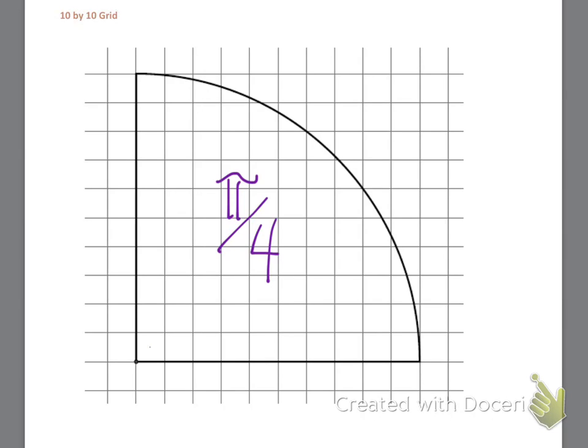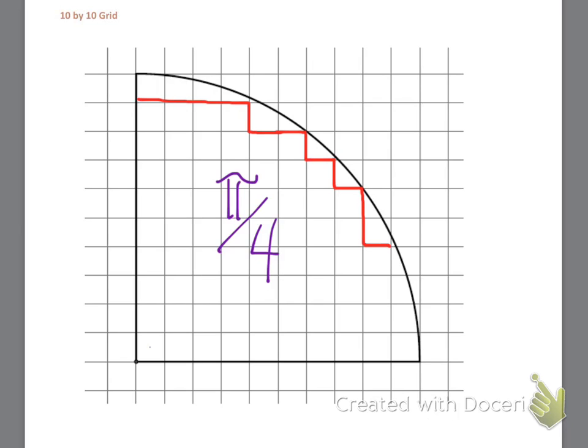And so what I'm going to do is trace out all the completely whole squares. Looks like this one. We'll count that one as all the way whole, and come down here. And so I'm just stair-stepping my way down.